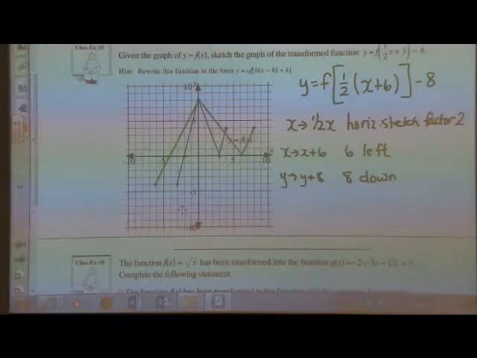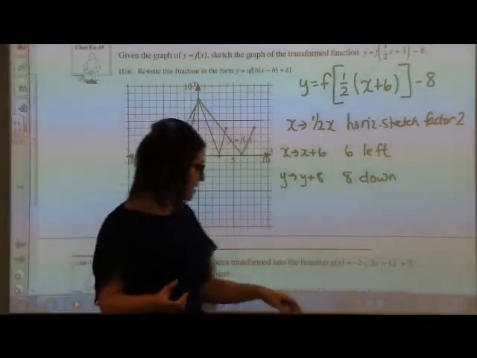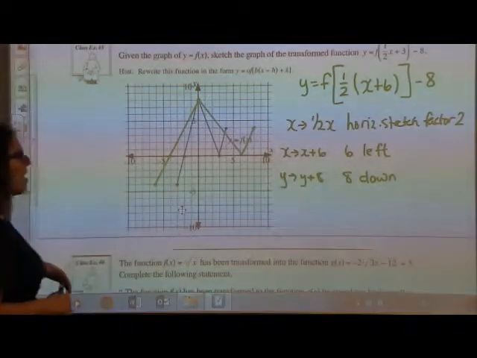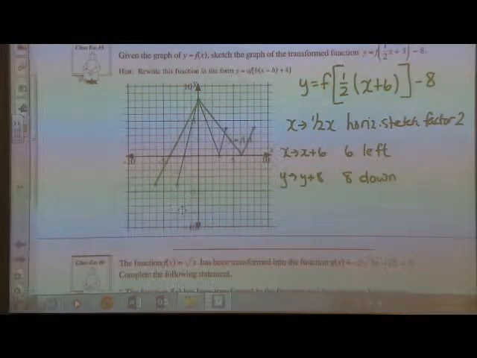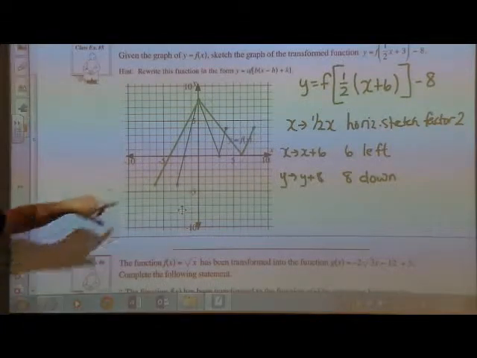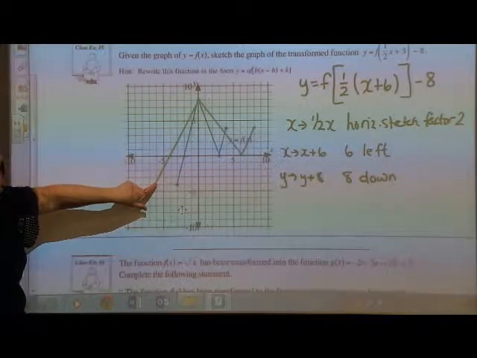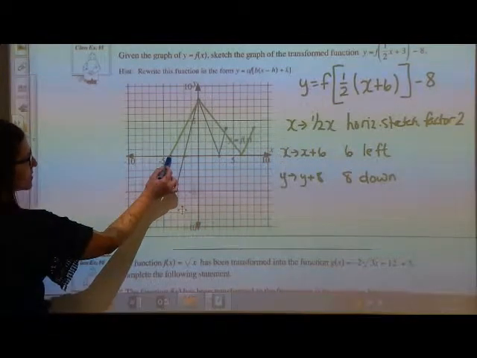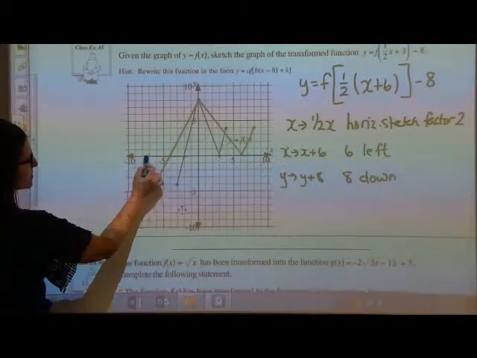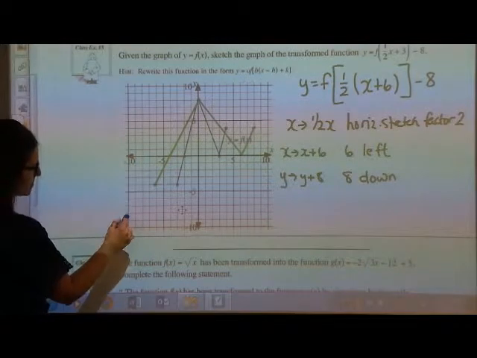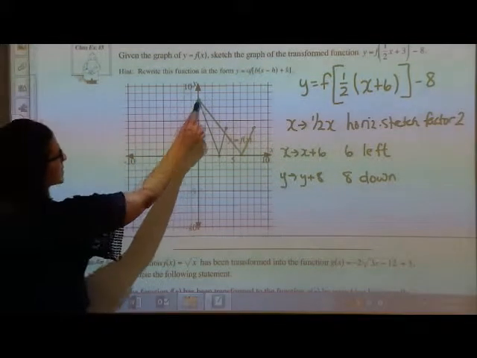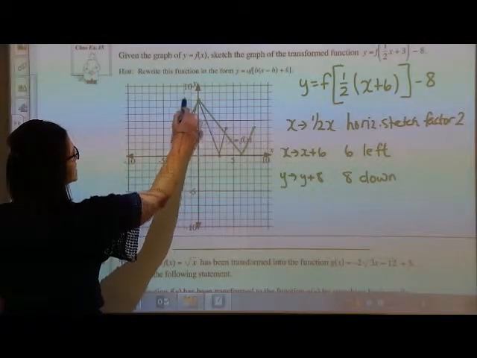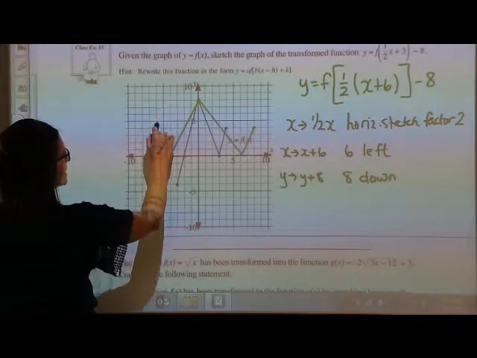Now I can take this graph and move those points that I identified before, 6 units to the left and 8 units down. This point here, I'm not going to really be able to move because it's outside my graph, so I'm going to start with this one. 6 units to the left and 8 units down. This point, 6 units to the left and 8 units down.